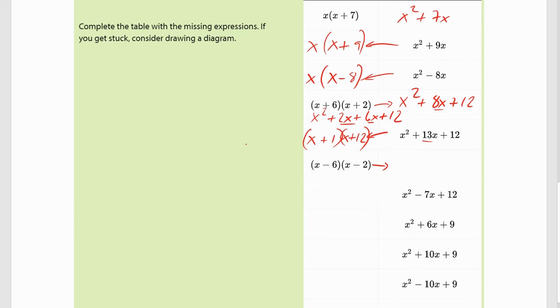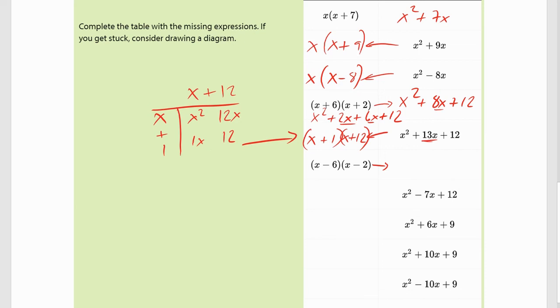Okay, you could always draw a diagram for that to see that. So x times x is x squared, and you get 1x, right? And you get 12x, then 12, combine the x's, and you see that 13x right there, okay?